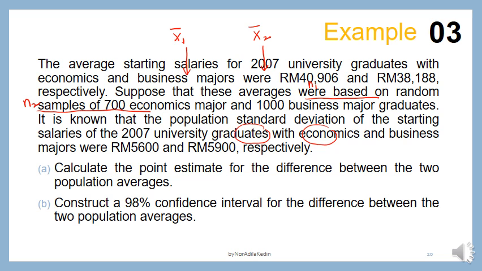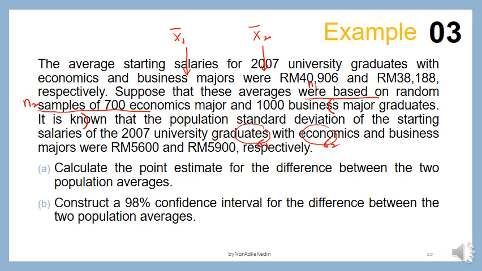And dia kata juga, the population standard deviation is 5,600 and 5,900. So in this case, the population standard deviation is known. So tengok balik equation, refer to equation ataupun formula untuk population variance is known.